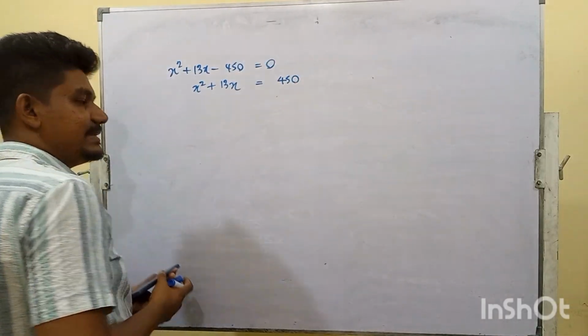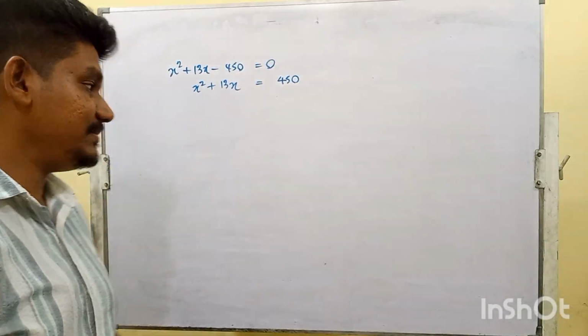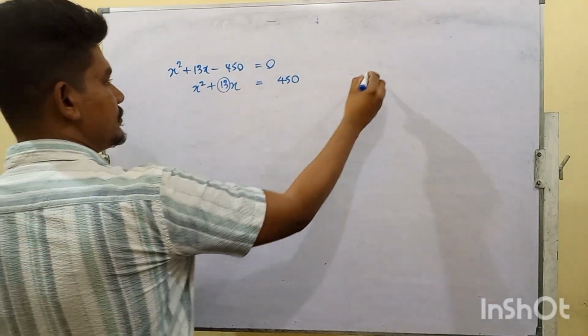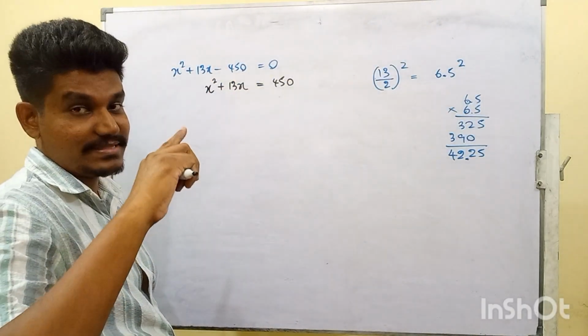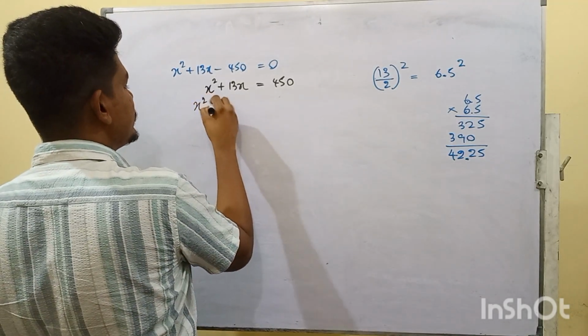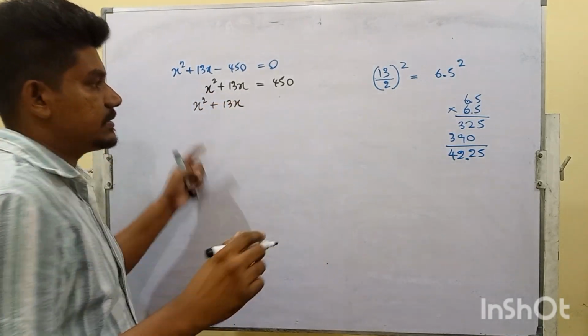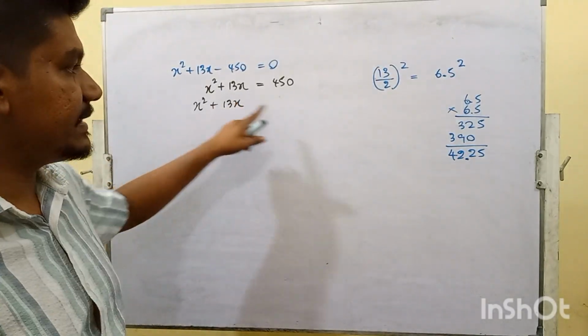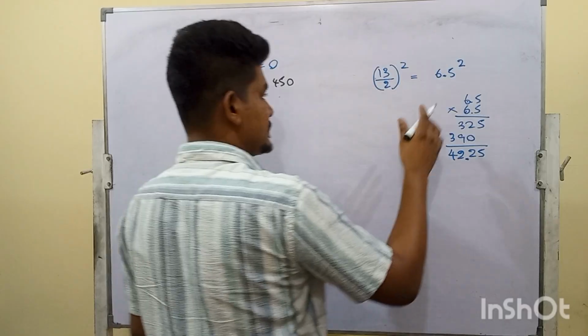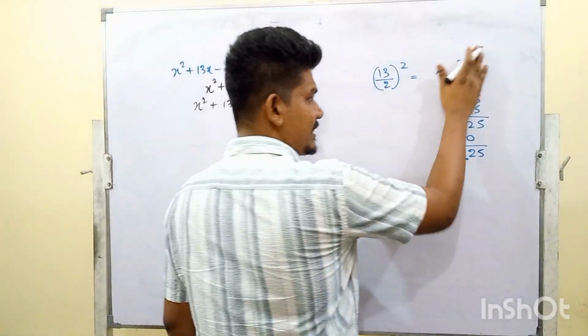Then we have to divide the coefficient of the middle term, x, by 2 and make the square. I have sent that minus 450 to the right side. Then we have to add the half of the coefficient of x, 13 divided by 2, squared. Even though you can keep it as a decimal number, it's better to keep it as a fraction.